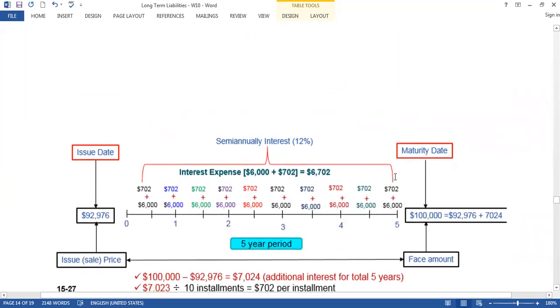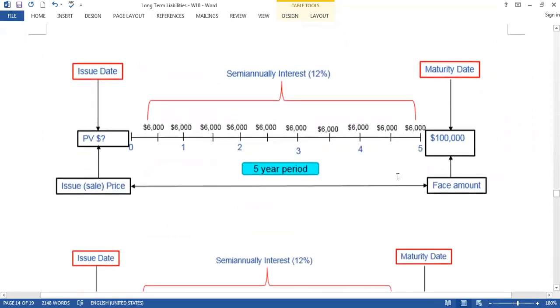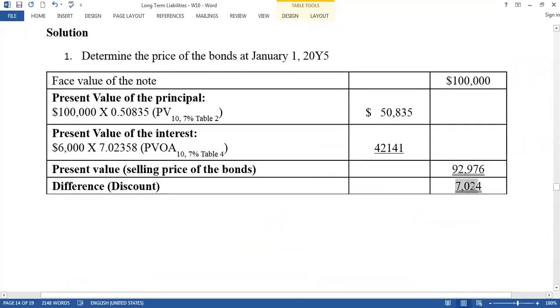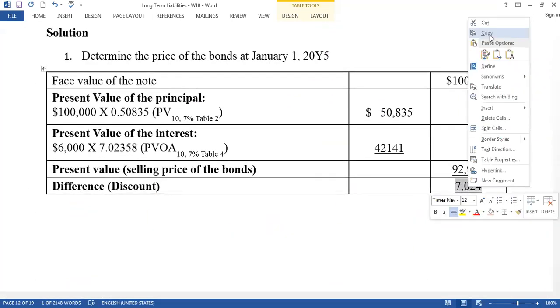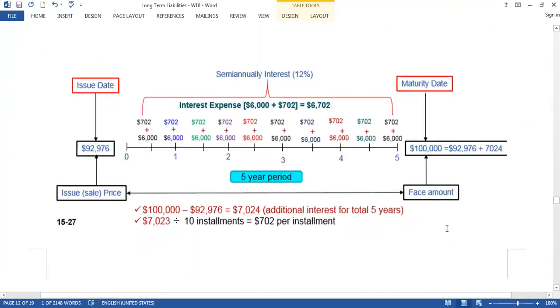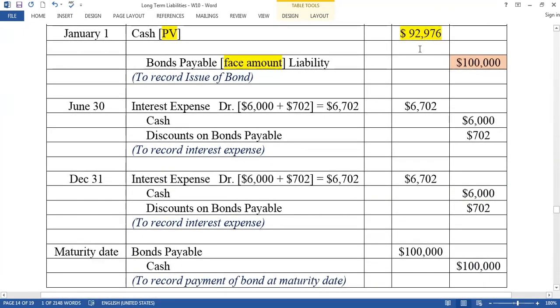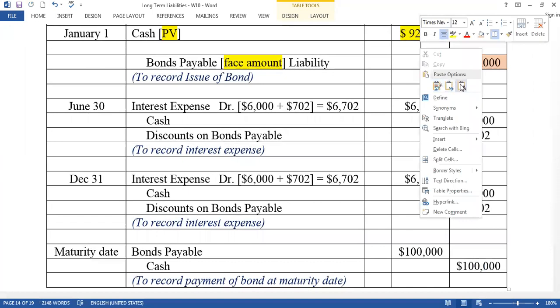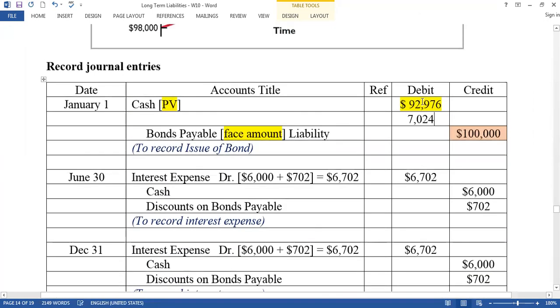And this is the difference. If we put in the debit side, now debit and credit equal, you can see. Now what is the name of this account? The name of this account is called discount on bonds payable.